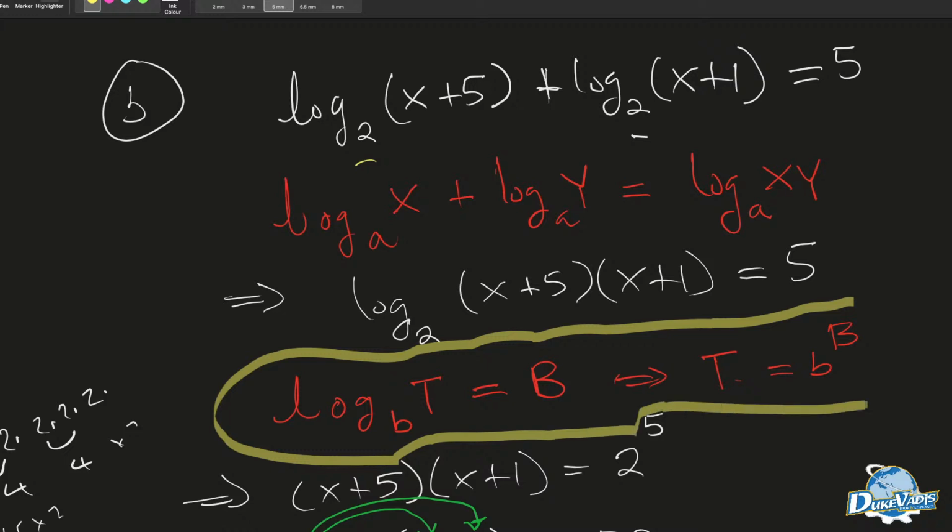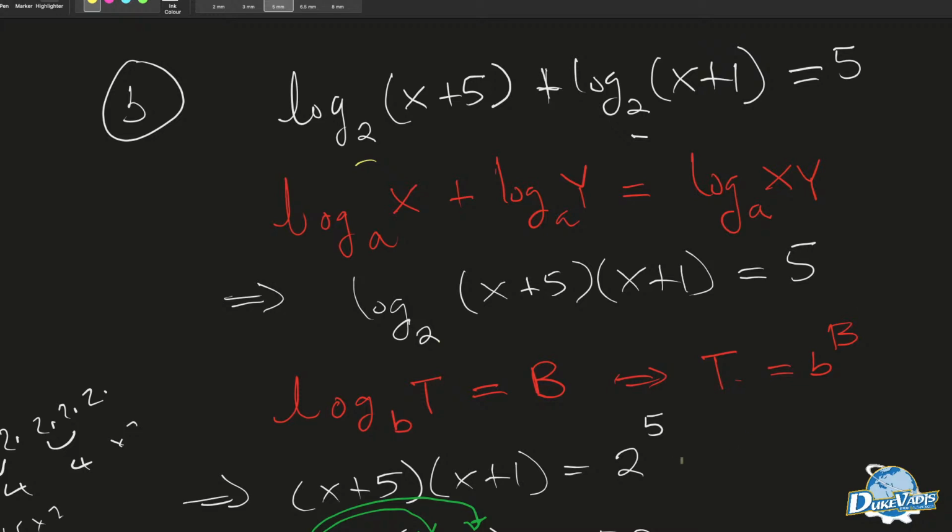Log to the base b of a certain number t is equal to a certain number, so in its conversion form, t is equal to b raised to the power of that number. If that is the case, then our log to the base 2 over there will vanish, go up there and carry the 5. That is why we got this equation.